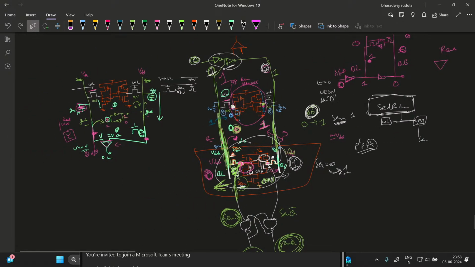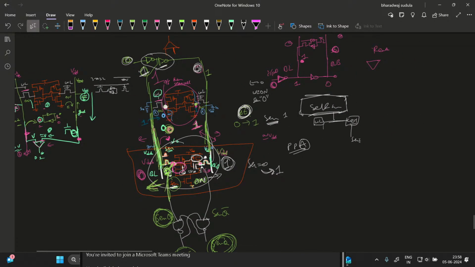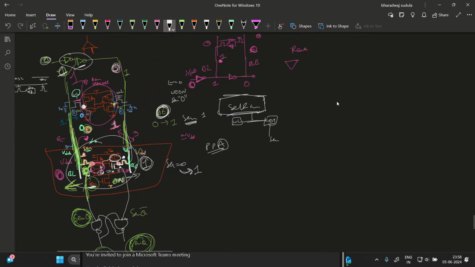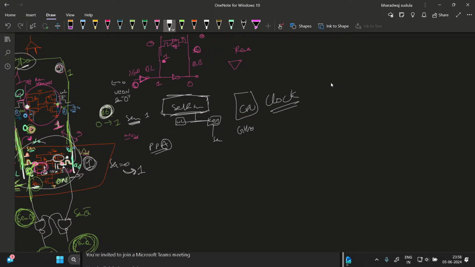Why do we actually use self timing? You would have some external clock, right, which is coming from the CPU, which might be running at some gigahertz. Usually those clocks will come from a PLL.